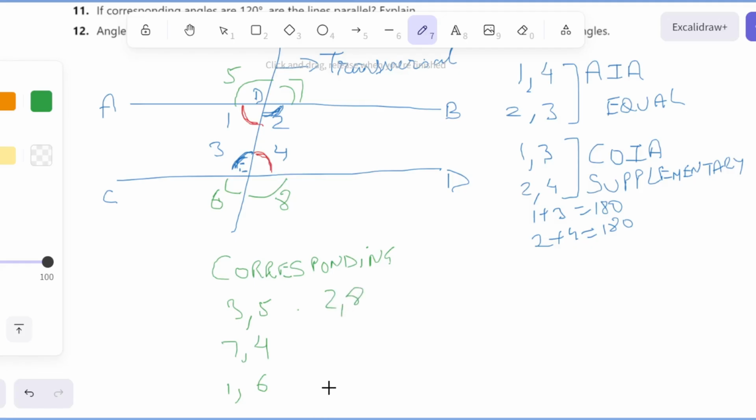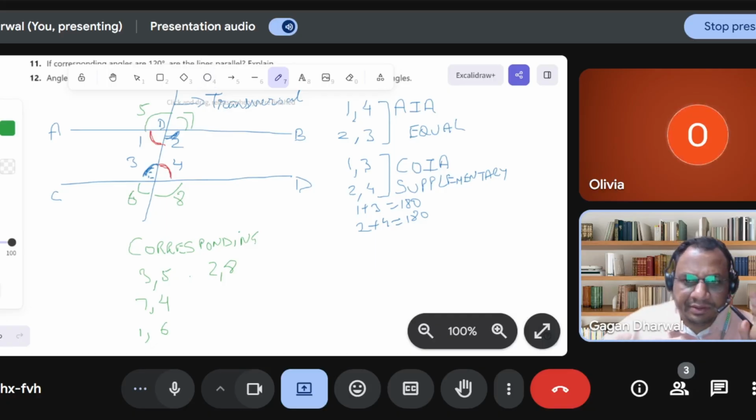There will be 4 sets of corresponding angles. In this case, numbering can differ, right? I just took it like this. You can start from 1, 2, 3, 4 like that, starting from outside. But what you need to understand here is in corresponding angles, one will be inside, one will be outside.